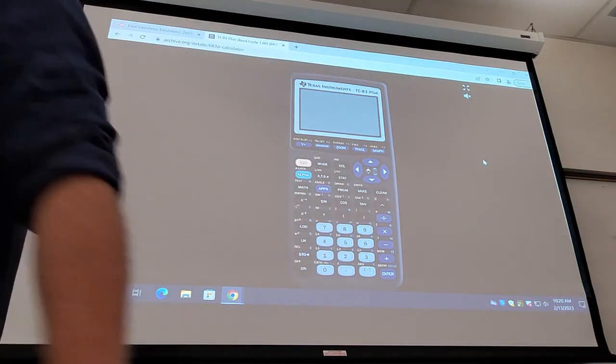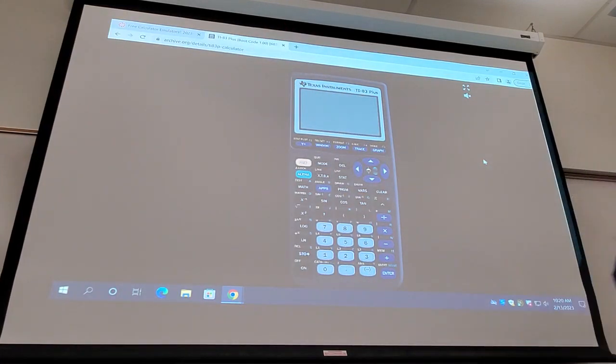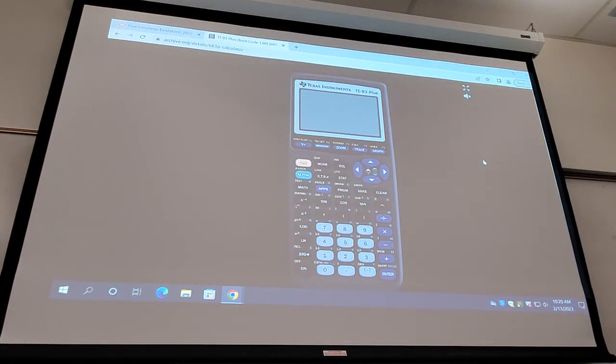I'm gonna redo a little bit of what I already did, just real quick. One of the most fundamental things about this calculator, I don't know if you guys used scientific calculators before, but it does show you everything you're typing in.